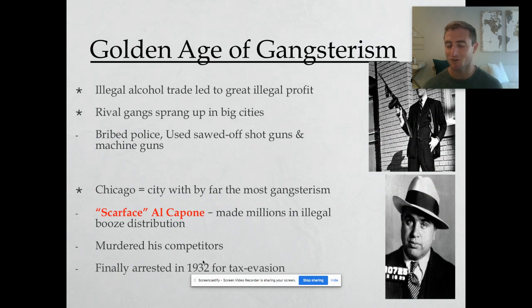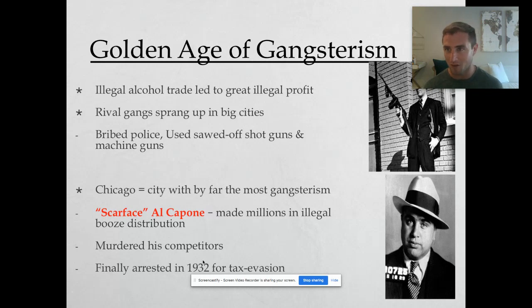This is also going to bring in the golden age of gangsterism, especially because the illegal alcohol trade was so profitable. And so we saw fortunes made over the illicit alcohol trade. And then to be able to control this trade and the mixture of illegal trades that came with it, like drug smuggling and drug distribution, we saw gangs start to sweep up and compete for control and wealth.